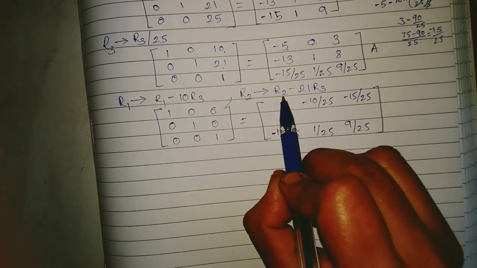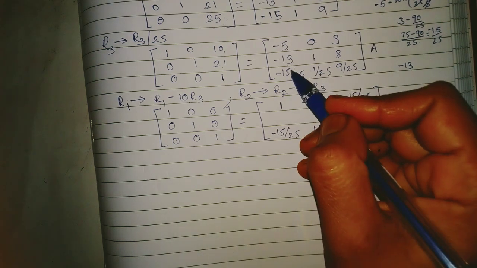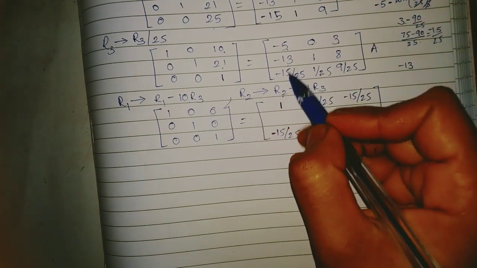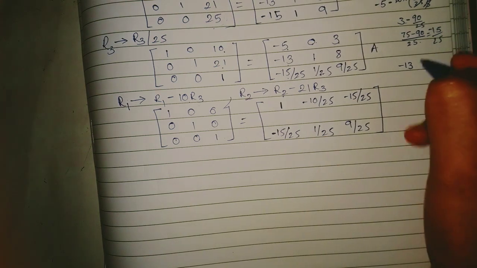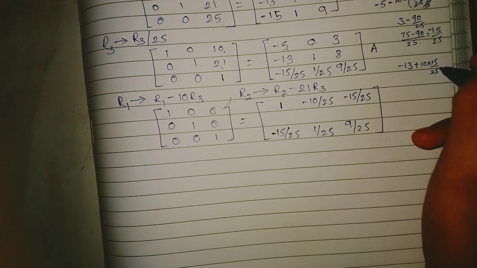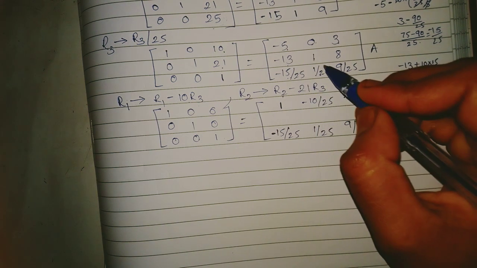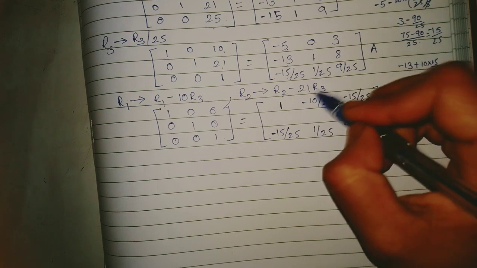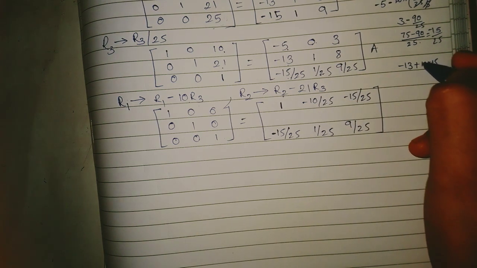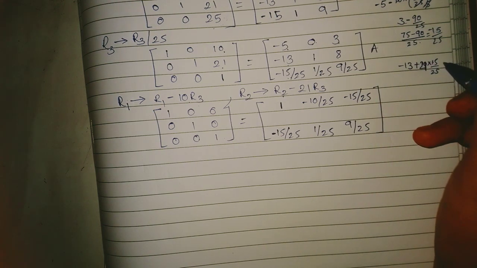Okay, next is R2 minus 13 minus 10 R3, so plus 10 into 15 by 25. It is 21, not 10, so this is 21, minus minus plus.